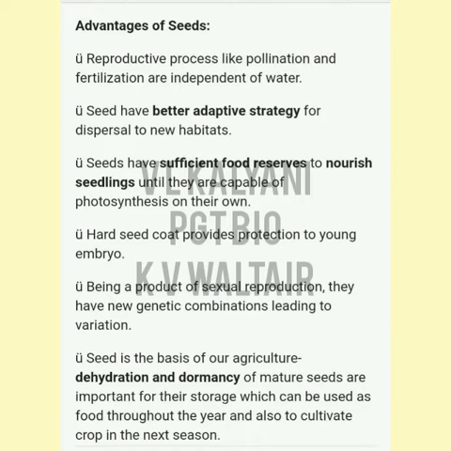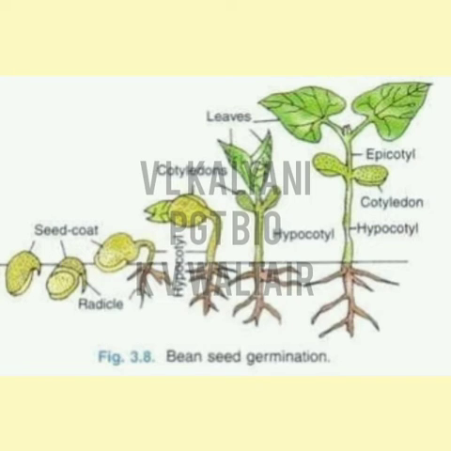a sufficient food reserve to nourish even the seedlings after germination. You could observe a small tamarind plant or a small neem tree growing as a small seedling; you can see the cotyledons are very much present. What they do is help the growing plant, like parental care in animals.